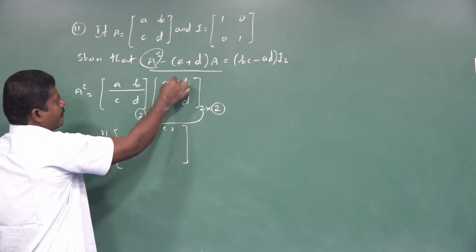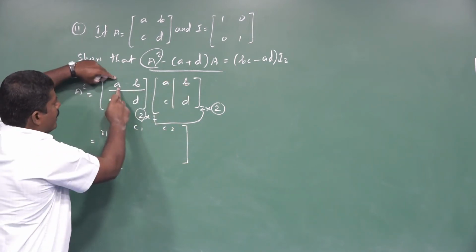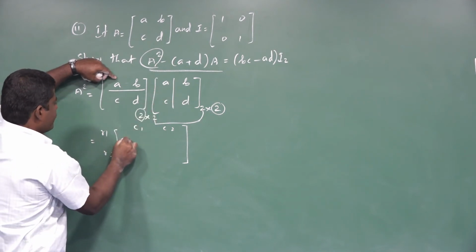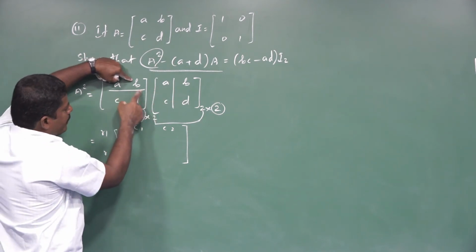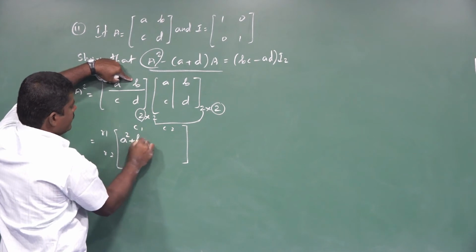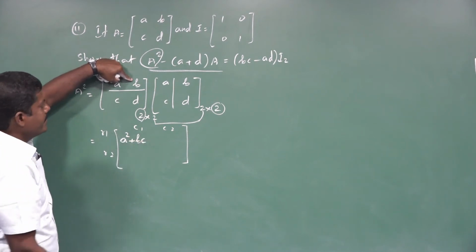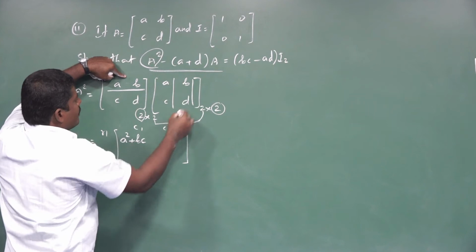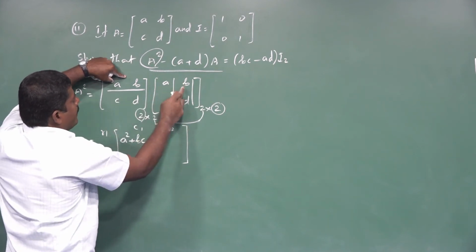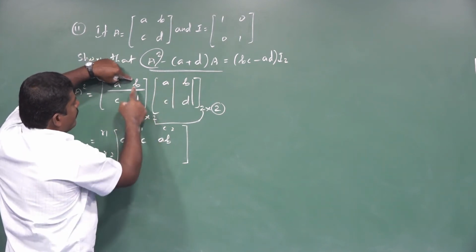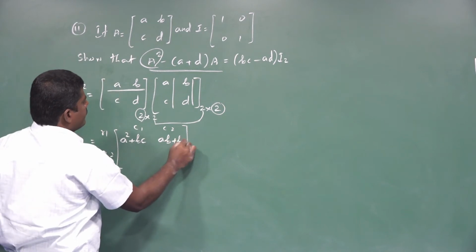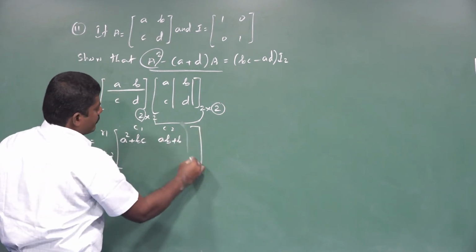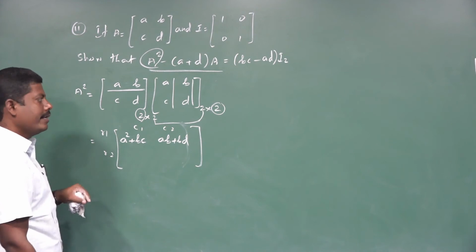Take first row, first column: A multiplied by A is A square, plus B multiplied by C, BC. First row, second column: A multiplied by B, AB, plus B multiplied by D, BD.